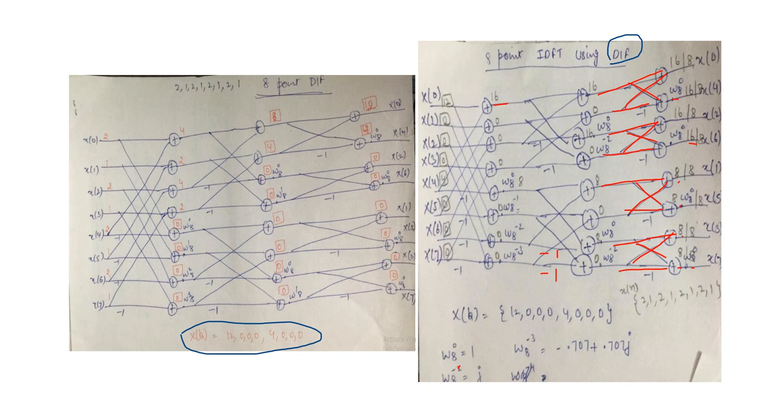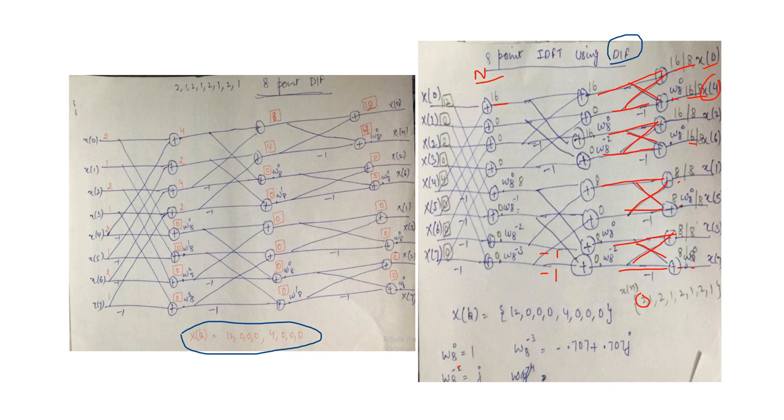Now we know that we have to multiply the sequence with 1 by N. Here capital N is 8, because we are performing 8-point DFT. So we divide 16 by 8. 16 by 8 is 2. So first x of 0 will be 2. 16 divided by 8 is again 2, but this will be the value of x of 4.